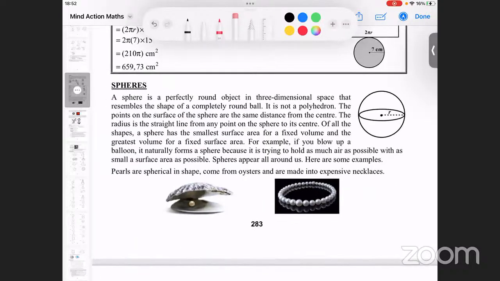So here they're saying a sphere is a perfectly round object in 3-dimensional space that resembles the shape of a completely round ball. It is not a polyhedron. The points on the surface of the sphere are the same distance from the center.